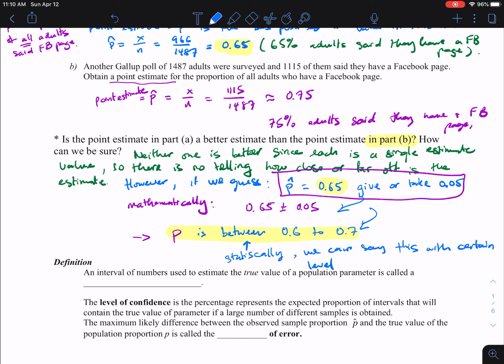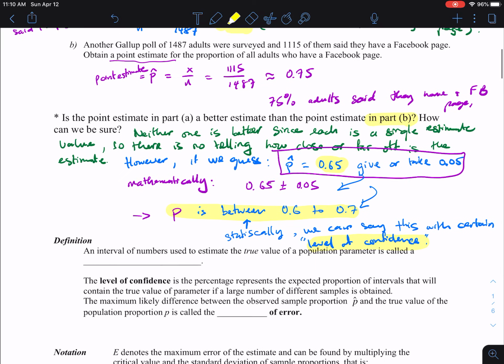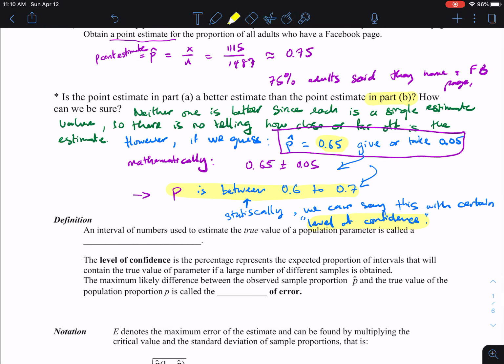level of confidence. How we define the level of confidence in this class is going to be a little confusing. I'm not going to make another video to explain the concept behind it, but when we get to the definition in the next video, I'll briefly talk about what that means.